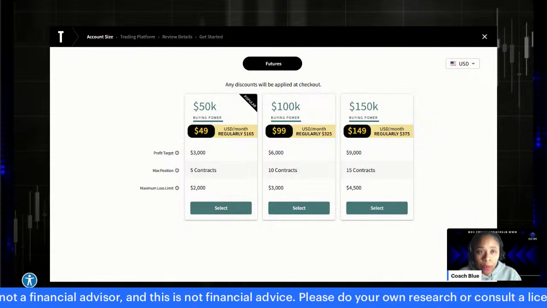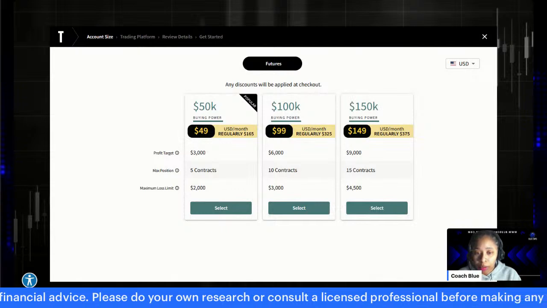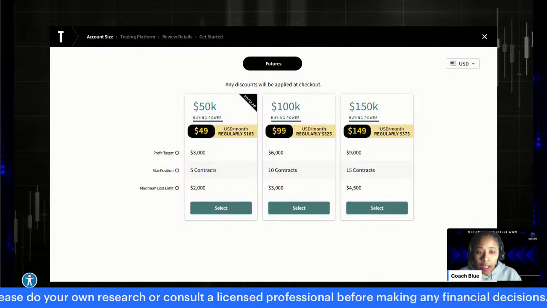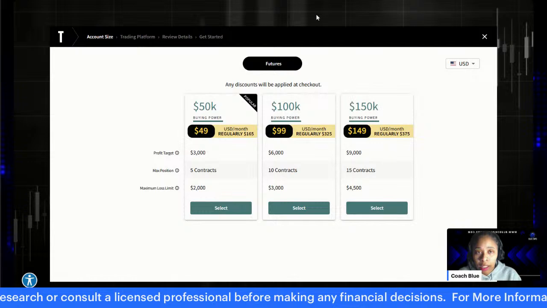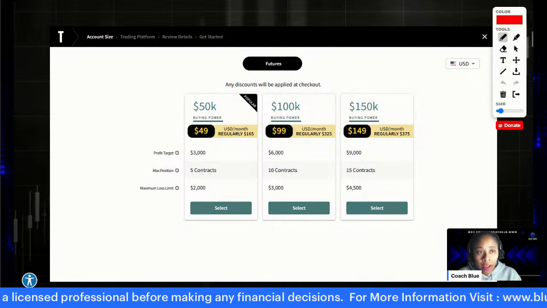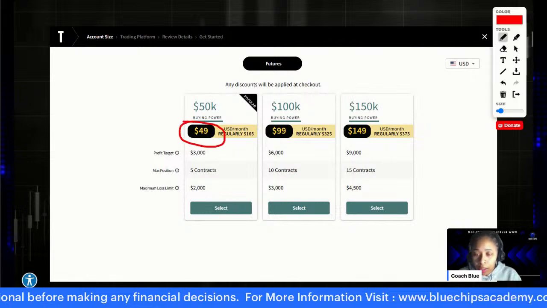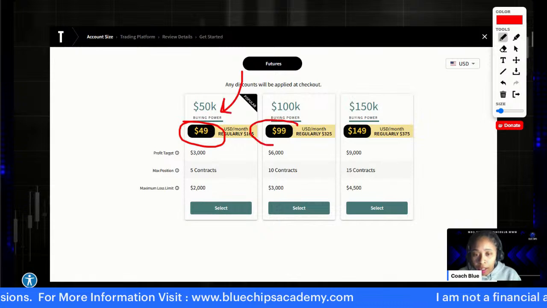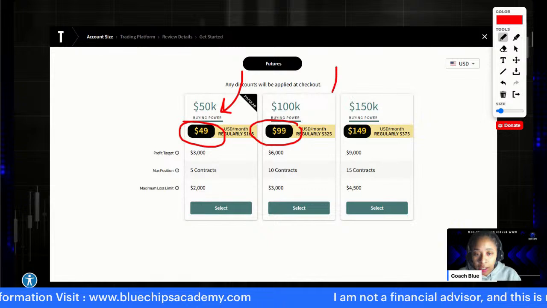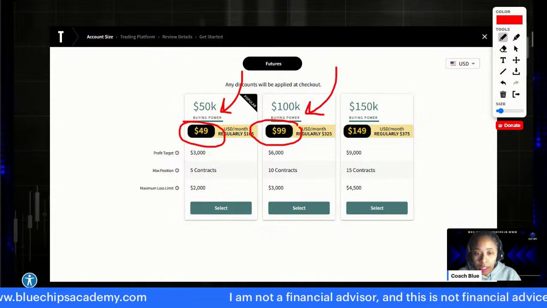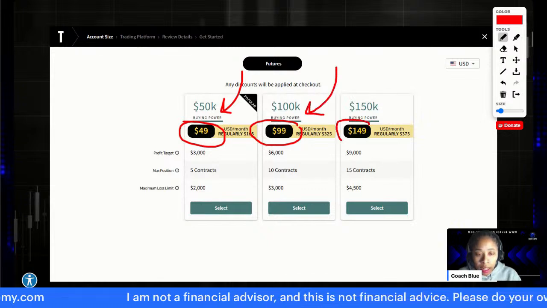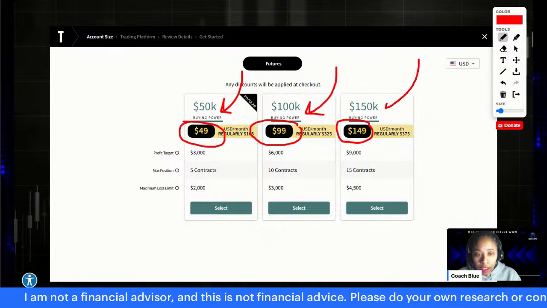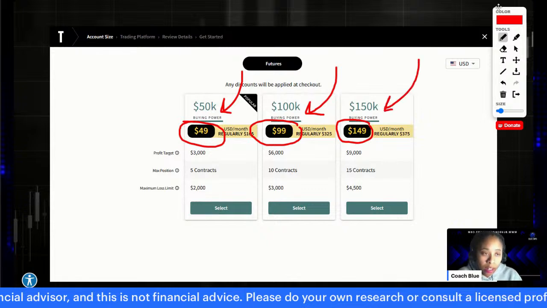With Topstep, you have different subscription levels. You can pay $49 a month for access to a $50,000 trading combine, $99 for access to the $100,000 combine, and $149 for access to the $150,000 combine.